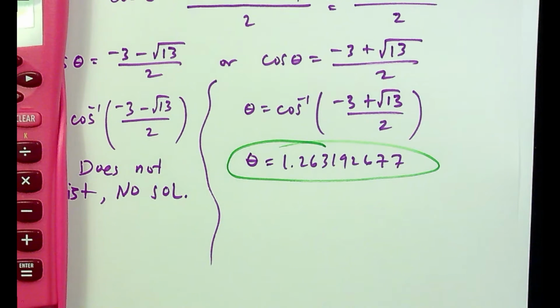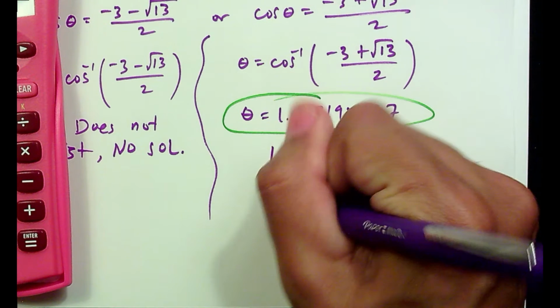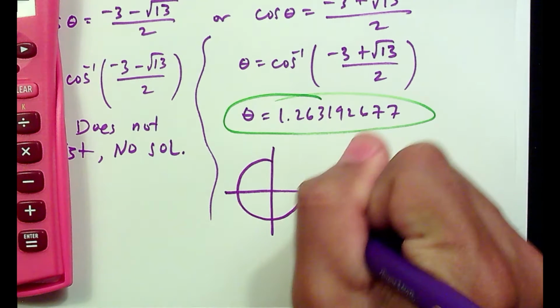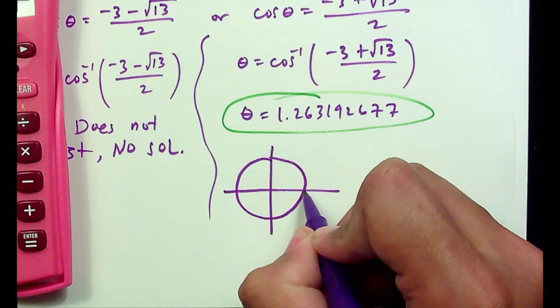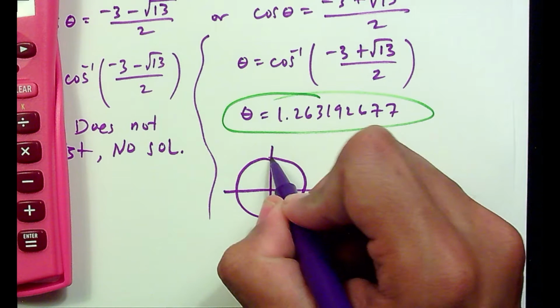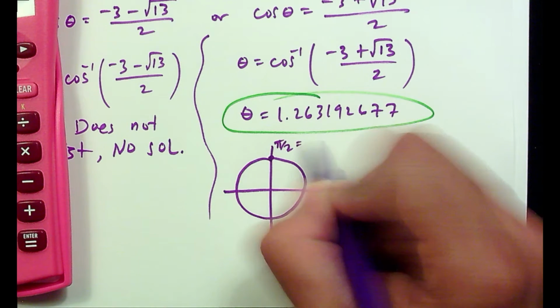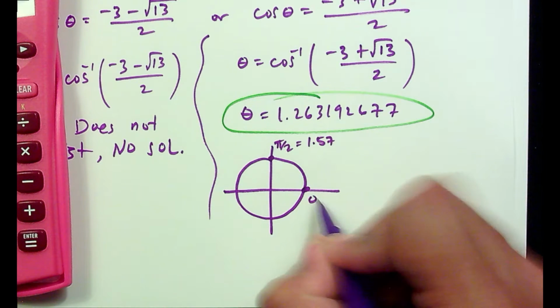What's the second solution? For the second solution, remember how this goes. You have to draw the unit circle and figure out the second one. Okay, 1.26 is in what quadrant? Well, pi over 2 is 1.57 and this one is 0.